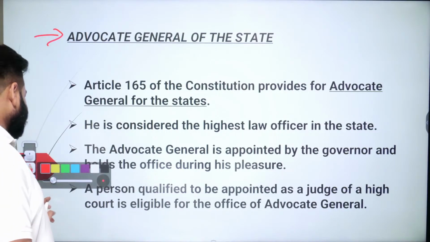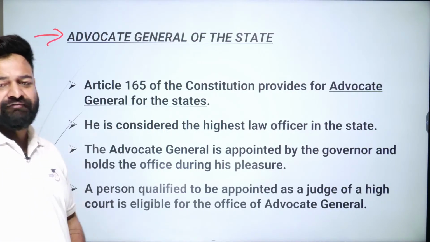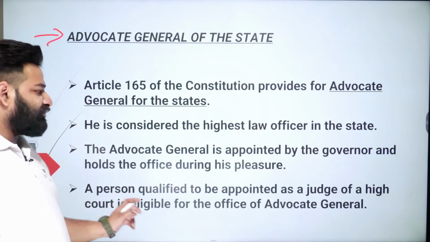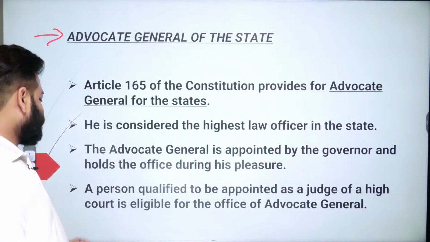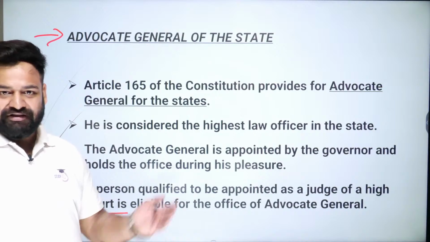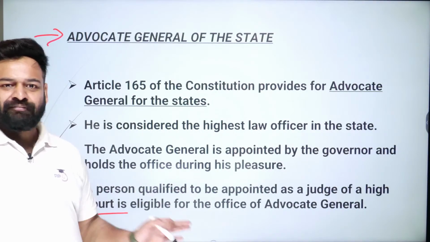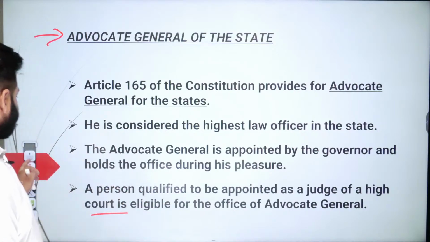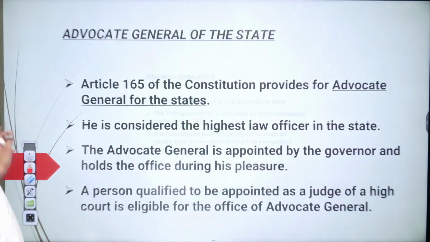The Attorney General of India is someone who is qualified to be a judge of the Supreme Court, and the Advocate General is someone who is qualified to become a judge of a High Court. The only difference is the state. The name is different, the state is different, but the working, duties and responsibilities remain the same.